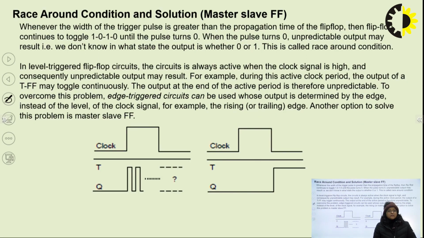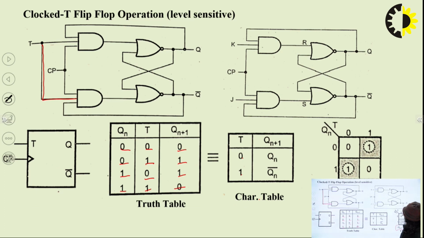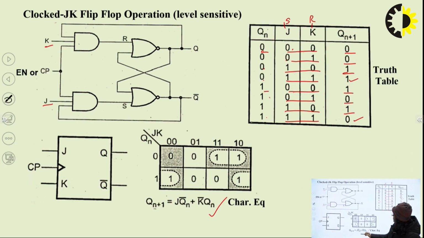Now what is race around condition? As we have seen in JK flip-flop, for 1 1 there is a toggling. As this toggled output again goes to the feedback and the circuit is on for the entire 1, the output will again be changed.